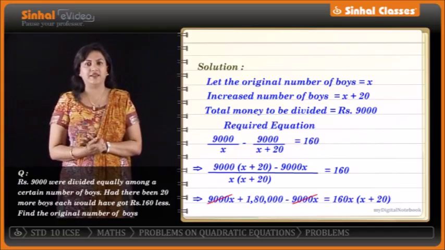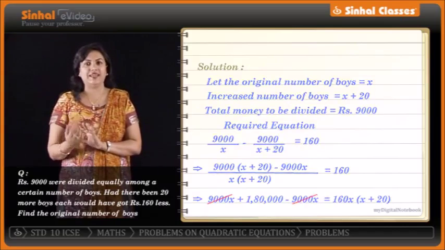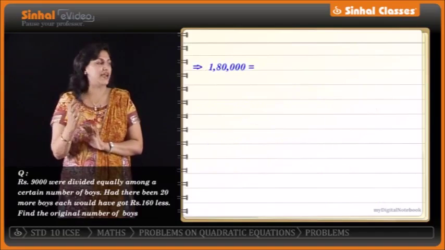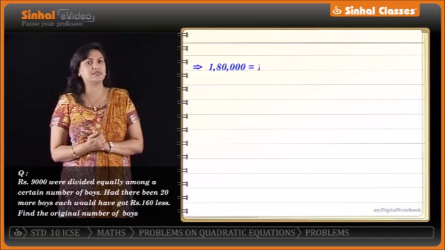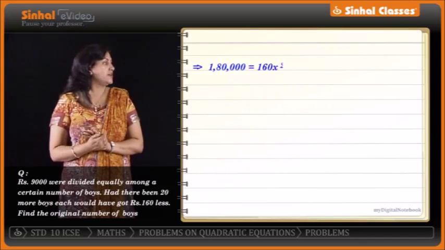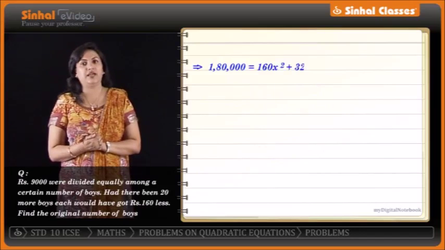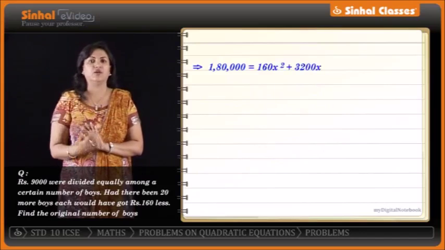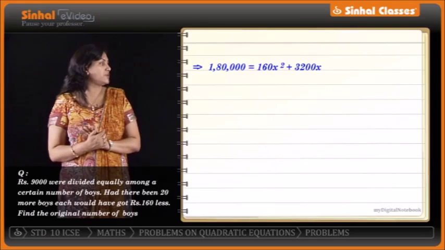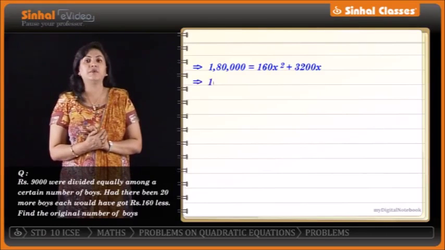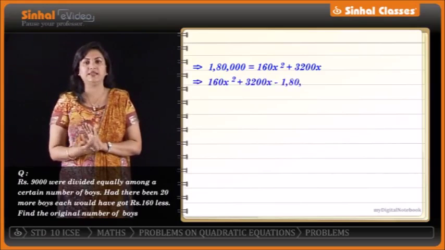So on the left we are left with 1,80,000. On the right we have 160x square plus 3,200x. Now take everything on one side. We get 160x square plus 3,200x minus 1,80,000 is equal to 0.